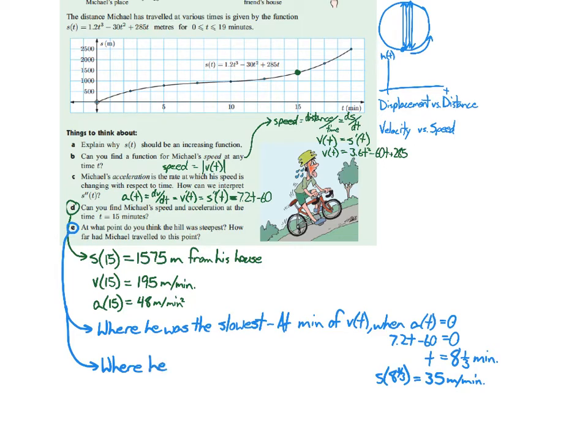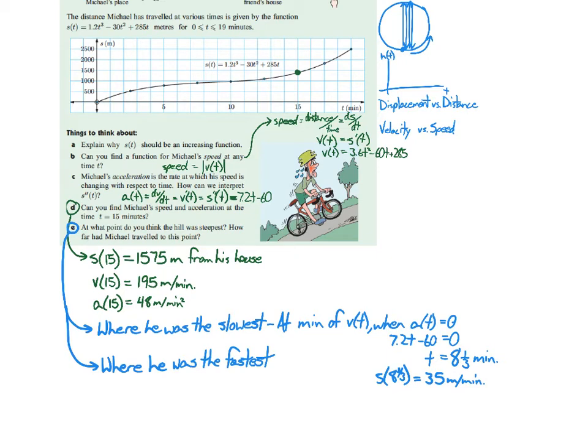How would we find where he was the fastest? Think back to our optimization problems. The maximum of the velocity.